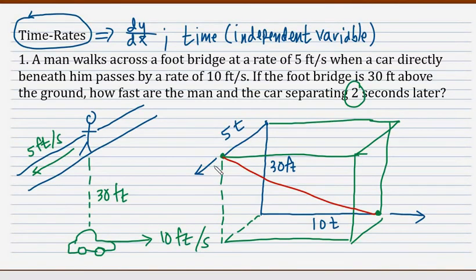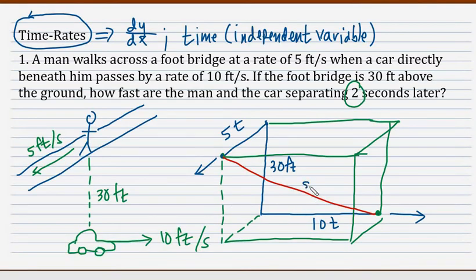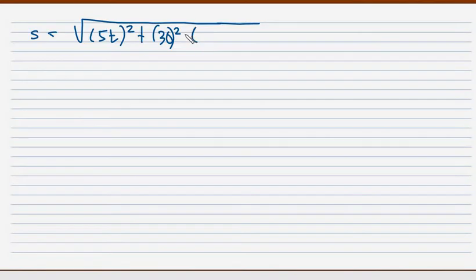Geometrically, from this point to this point can be solved using a distance formula, which would be in 3 dimensions, and let's say that this is S. S would be equal to the square root of (5t) squared plus 30 squared plus (10t) squared.